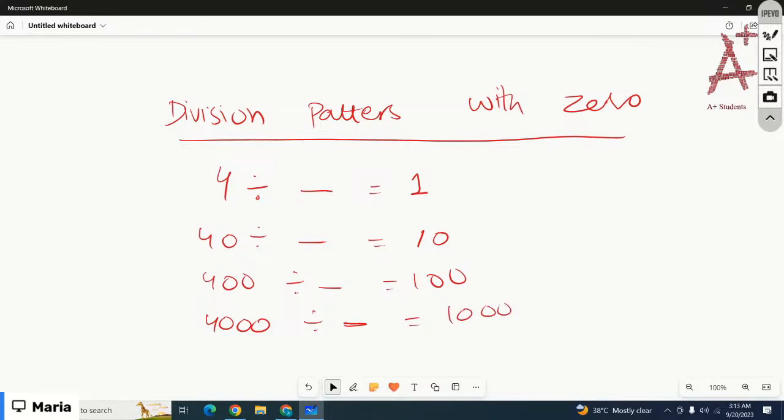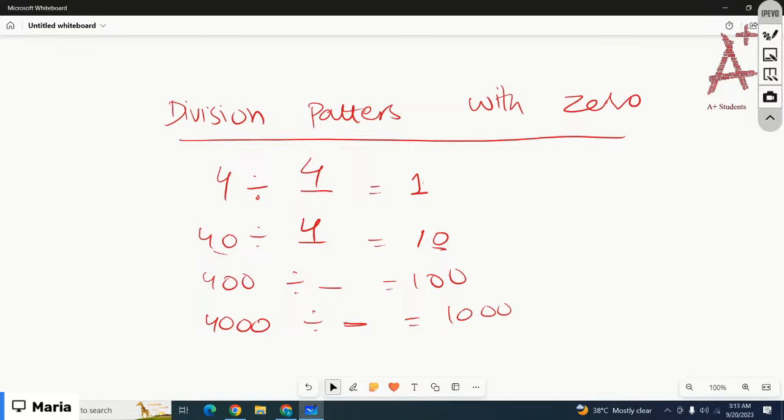So 4 divided by what number is 1? 4 divided by 4 is 1, right? 40 divided by what number equals 10? That means 40 divided by 4 is 10, because here you have 1 0 and here you have 1 0. That means you have to just divide them by 4, right?